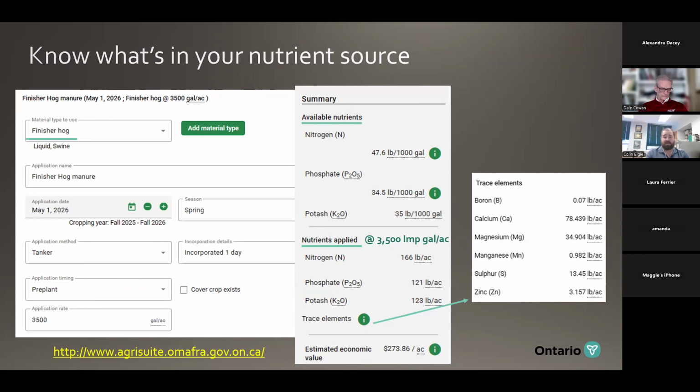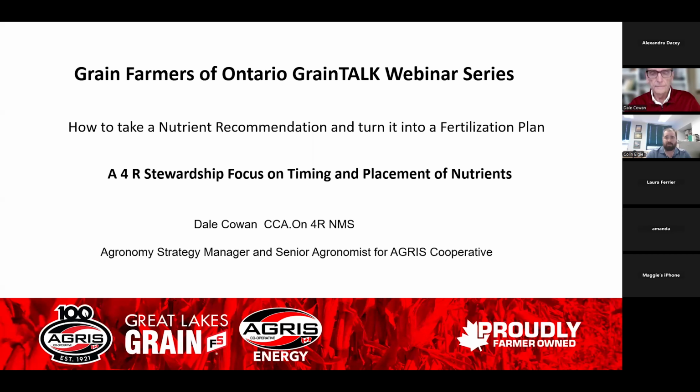But it's important that no matter what we're using, whether it's a commercial fertilizer, a manure, or an organic amendment, we know exactly what's in that, and we can credit exactly what nutrients we're getting out of those different sources. Especially when it gets to high-priced fertility, we can really see the benefits of those different organic amendments and different fertilizers that we use, and make sure that whatever source we're using, we're giving it the credit that it needs. And so with that, I'll pass it over to Dale now.